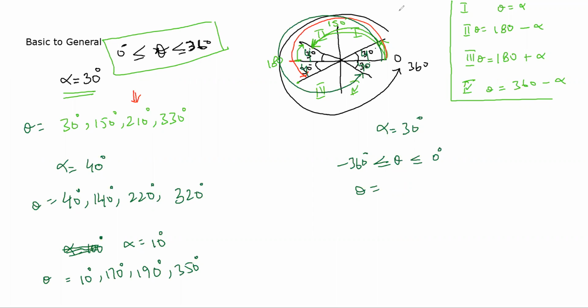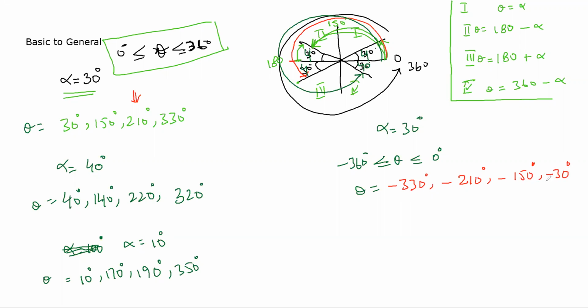Yes. This will be minus 330, minus 210, minus 150, and then minus 30. We always write from the smaller to the bigger.